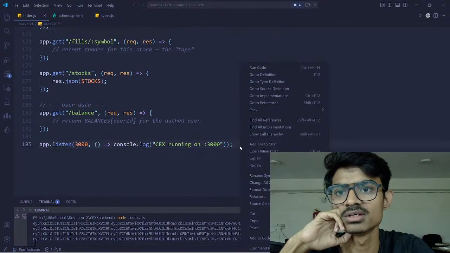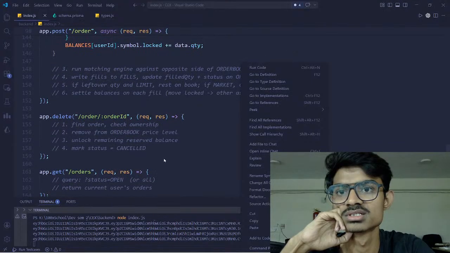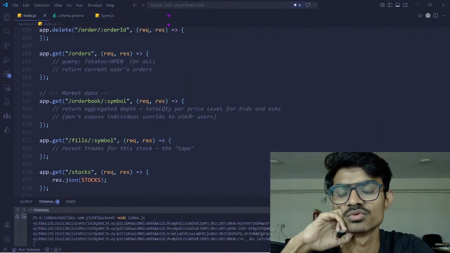Okay, 1 2 3 4 5, 6 routes more we have to write.